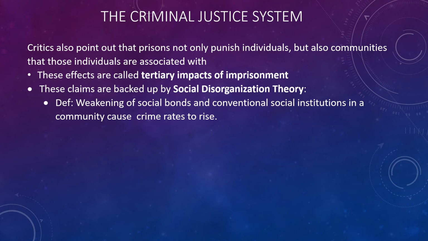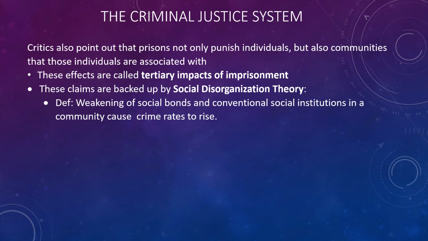Critics also point out that prisons not only punish individuals, but they also punish communities that those individuals are associated with. These effects are called the tertiary effects of imprisonment, and these claims are backed up by social disorganization theory. That is defined as the weakening of social bonds and conventional social institutions within a community that causes crime rates to rise.